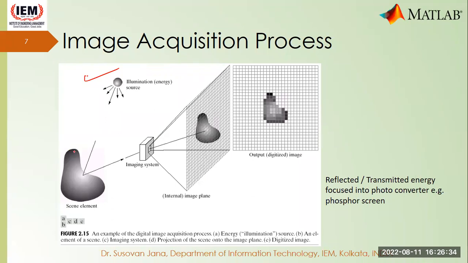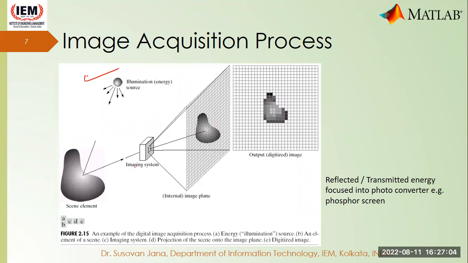Because in some imaging areas the light is not reflected, it is passed through the object, such as for X-ray imaging, where the light passes through our body and the amount of light which has been passed is sensed. So there are two options: one is reflection, another is transmission over the object.